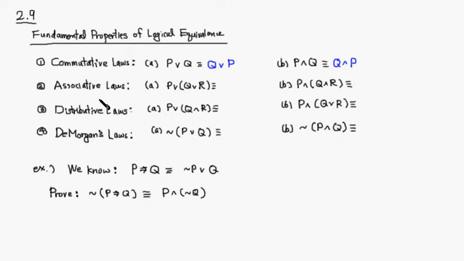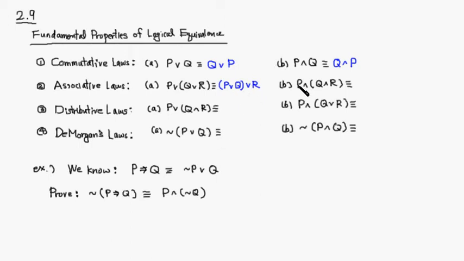And the second one is called the associative laws. So you have three things, and you're taking the disjunction of three things. Here, we take the disjunction of Q and R first, then take the disjunction with P. But the order in which you take the disjunction doesn't make any difference, so you can actually take the disjunction between P and Q first, then take the disjunction with R, which is going to be logically equivalent.